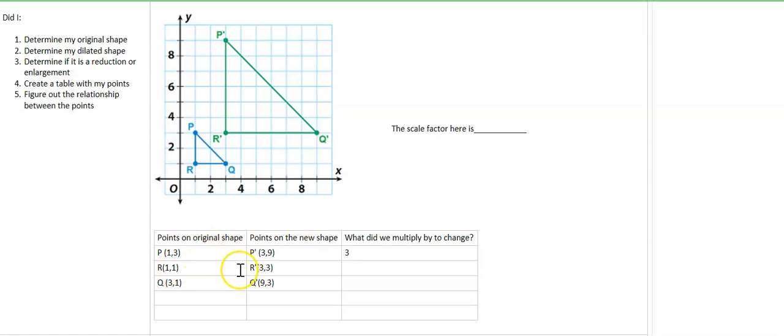So to go from R to R prime, if I multiply both x and y by 3, that is true as well. And same thing for Q and Q prime. We're multiplying by 3. Which means our scale factor here is 3. So you're just looking to see what you are multiplying by. And this makes sense because this is an enlargement. And we know that our scale factor for an enlargement is greater than 1.